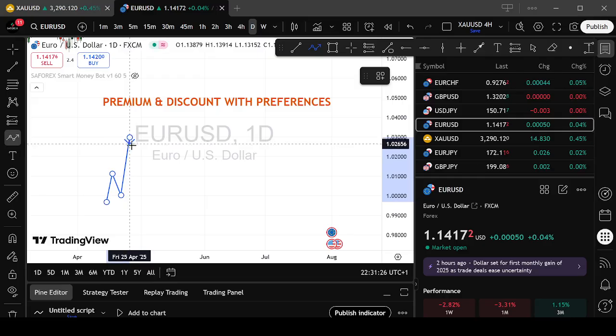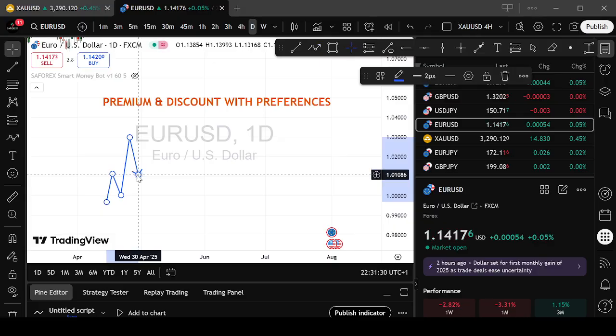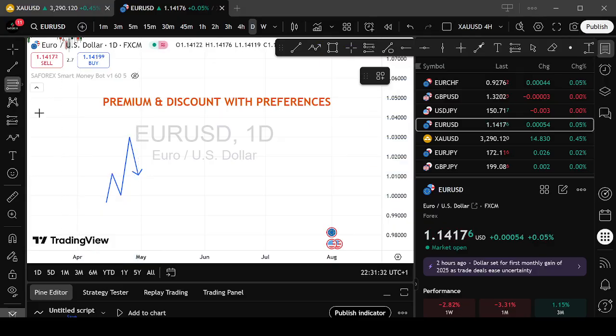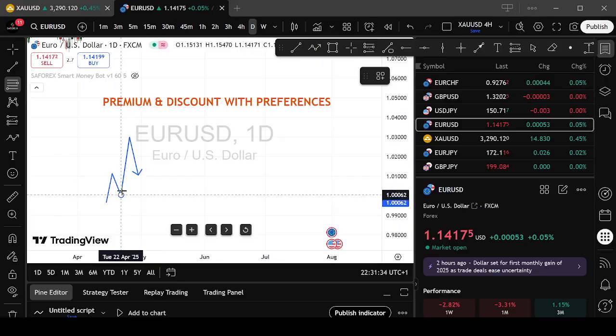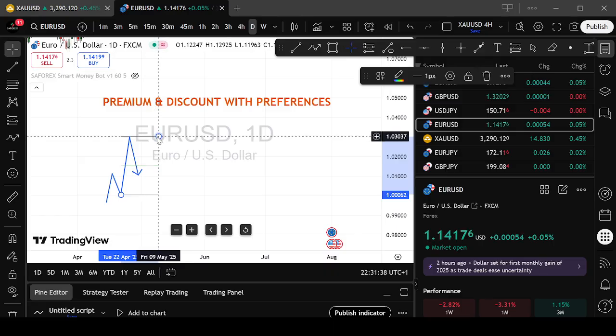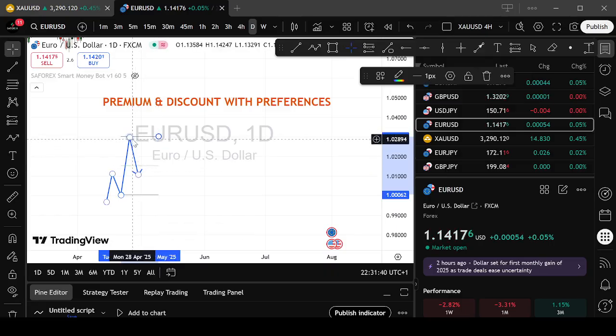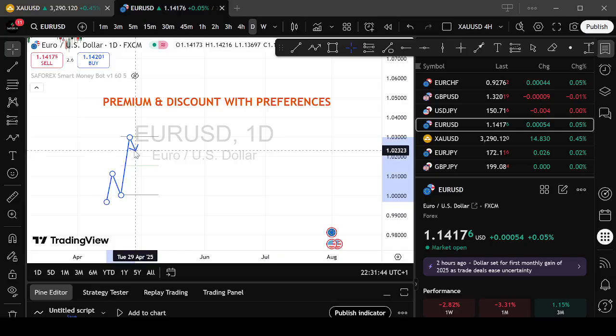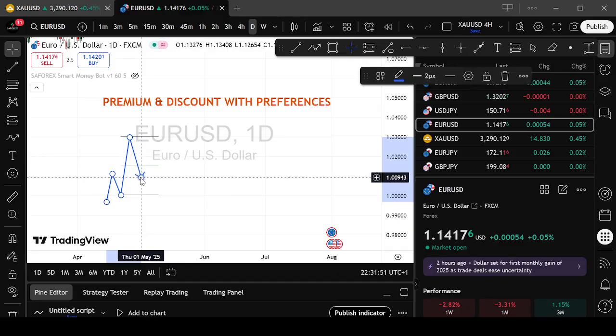At that range, we use our Fibonacci tool to know what is divided into the premium and the discount. We want to know the 50% of it, and we mark from the swing low to the swing high. We wait for price to come into below the 50% before it can continue to the upside.